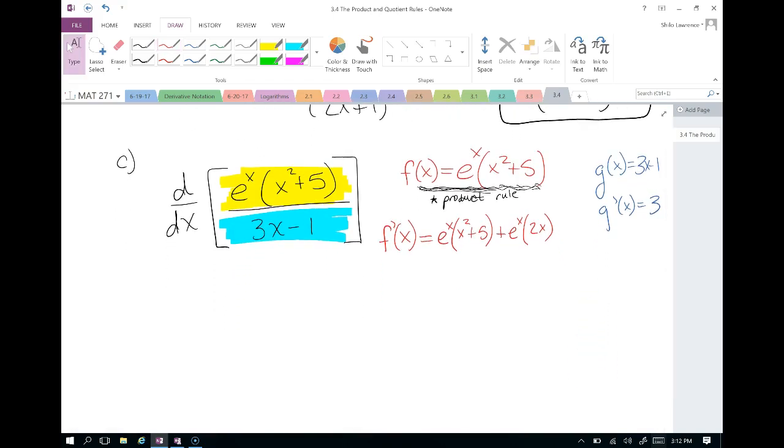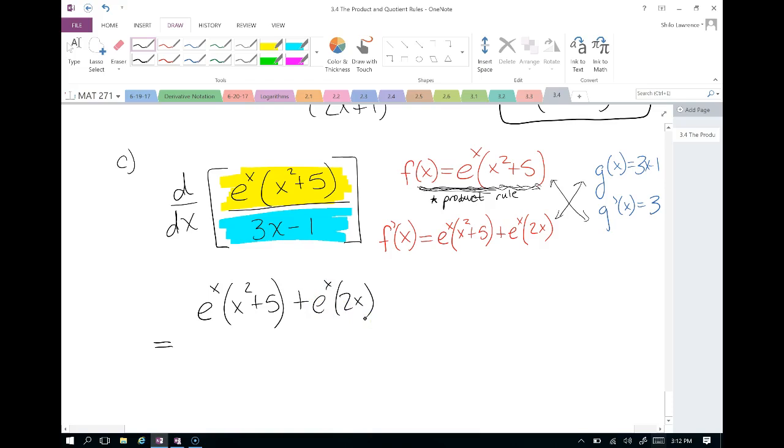And now we can take all of our pieces and put them back together with quotient rule. Remember, we crisscross these for quotient rule. So we always start with f prime, which we just got this giant product rule for. F prime is e to the x, x squared plus 5, plus e to the x times 2x.